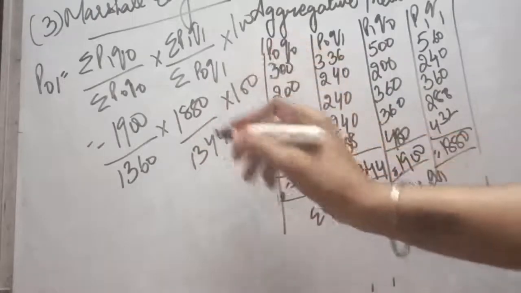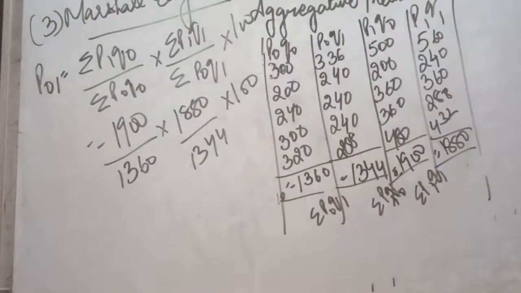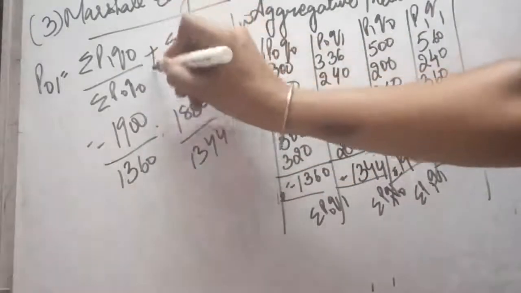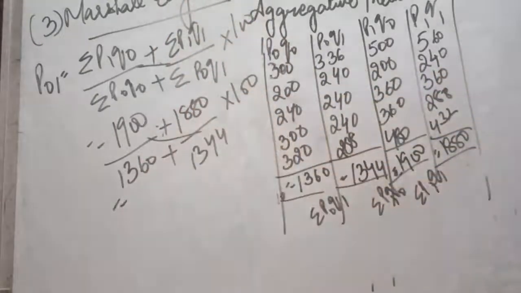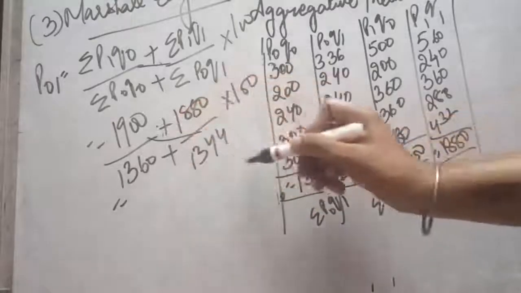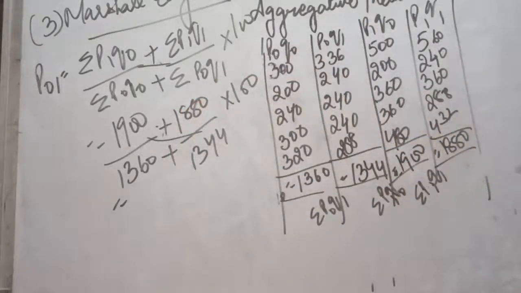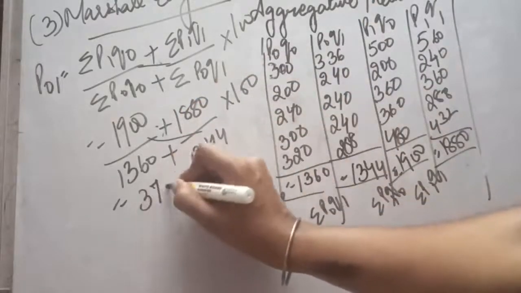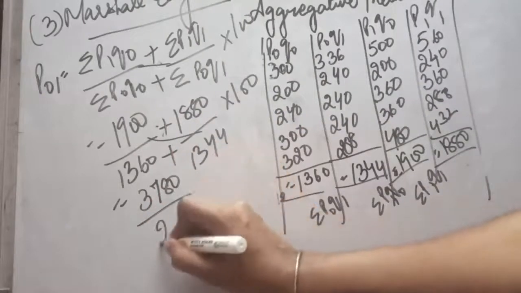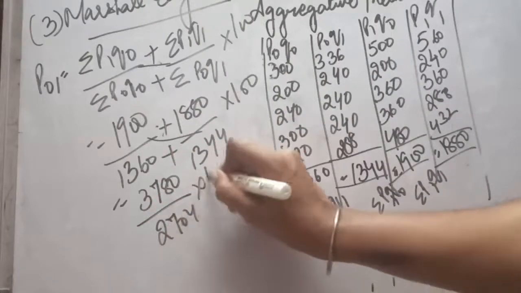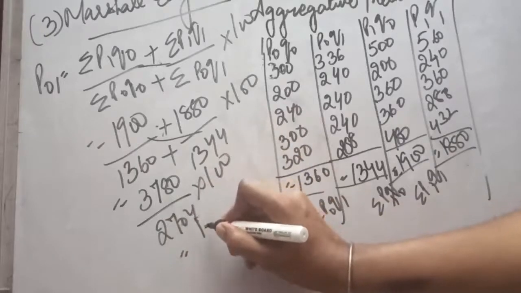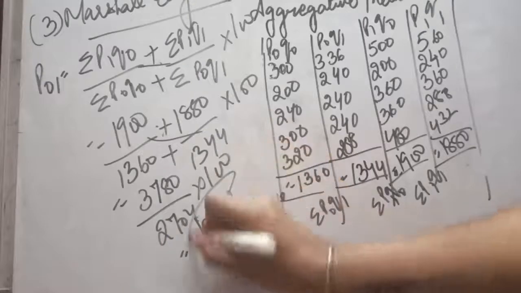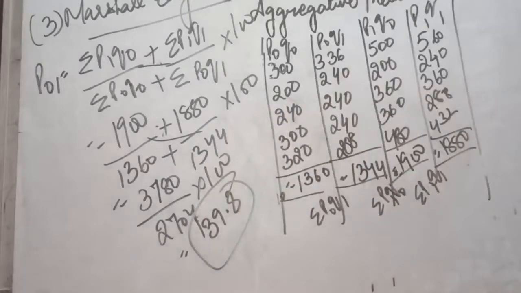Since the formula has a plus sign, we add the numerators and the denominators, then divide and multiply by 100. It will be 3780 divided by 2704 into 100, and the answer we get is 139.8. So like this, the Marshall-Edgeworth formula is applied.